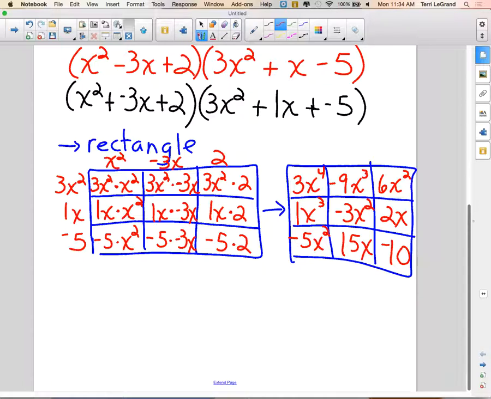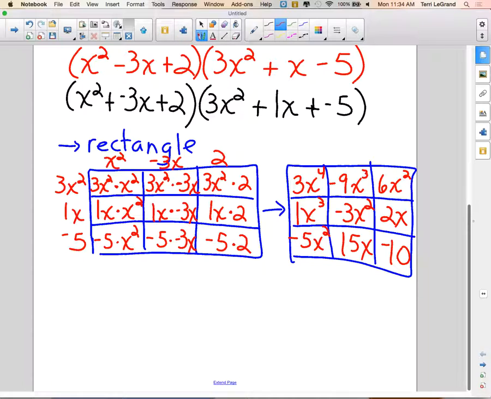What should happen when you're multiplying a trinomial times another trinomial and they both are the same degree? What's the degree of both of these trinomials? Cody? Quadratic. They're both a second degree trinomial. So they're both the same degree, and if they're degree 2, they're going to have all of the terms.